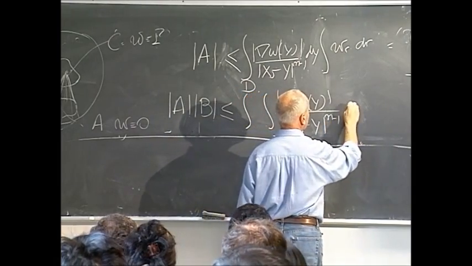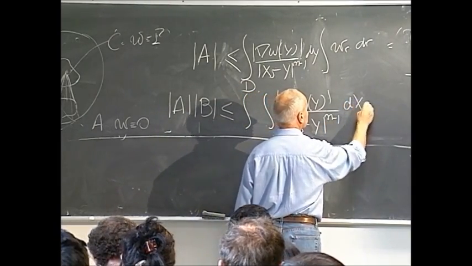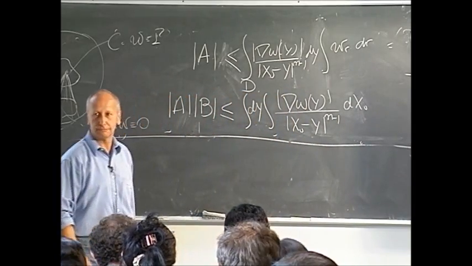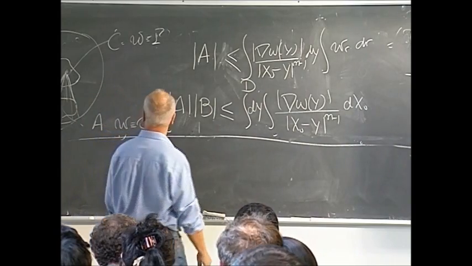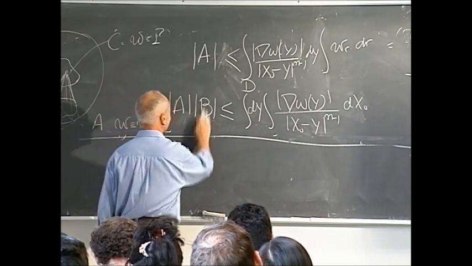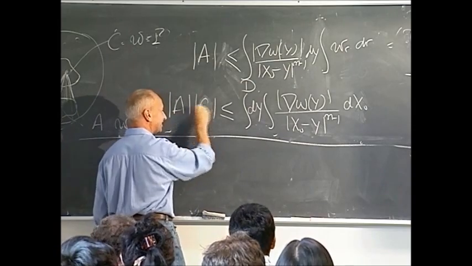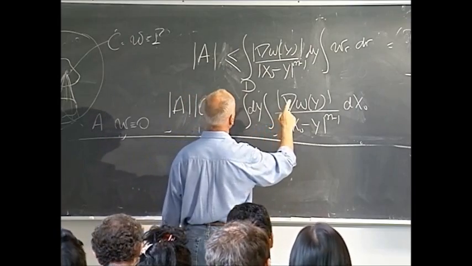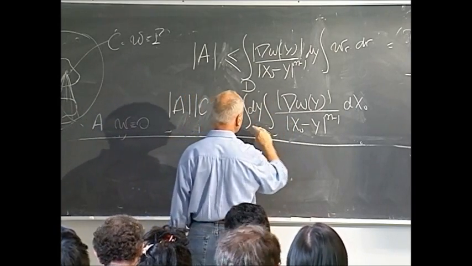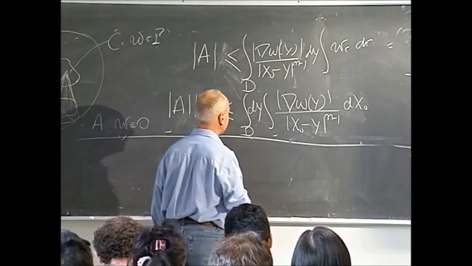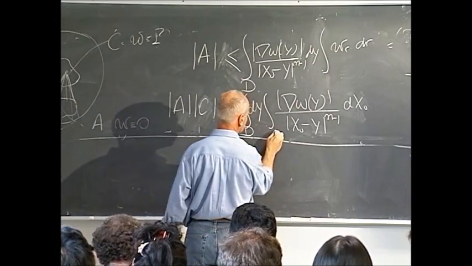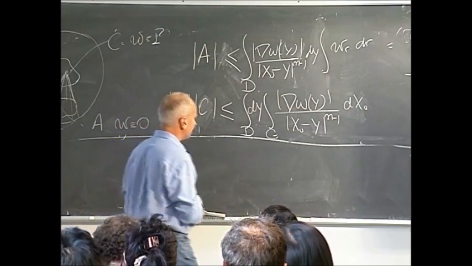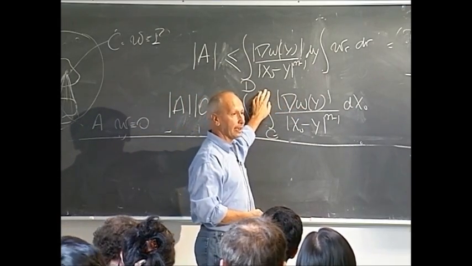C, sorry, C. I have to avoid B. And of course, I change the order of integration. So here I'm integrating y in D, and I'm integrating x0 in C. This goes out of the integral.